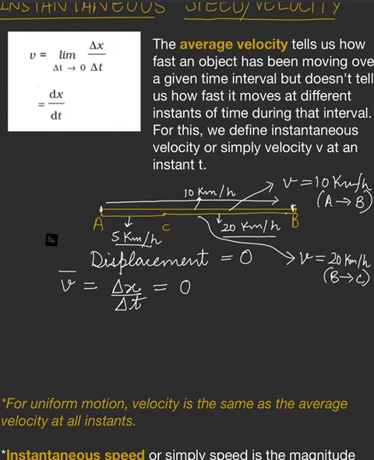This is simply what we are talking about, that the instantaneous velocity and the average velocity are not the same. They're two different things. Whenever we talk about a single point of time, like at a point C, what is the velocity? Then we can take the average of these two. That's not a big deal.